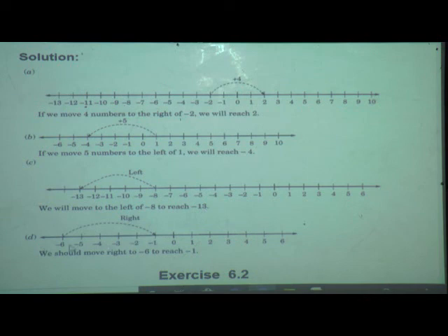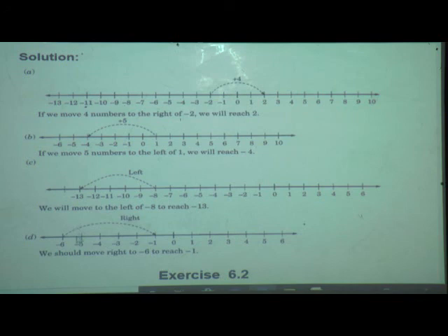Now we have -6 already marked on the number line. Here is the -6. Now we have to move towards -1. In which direction to move? So if we have to reach from -6 to -1, we have to move towards the right of -6.